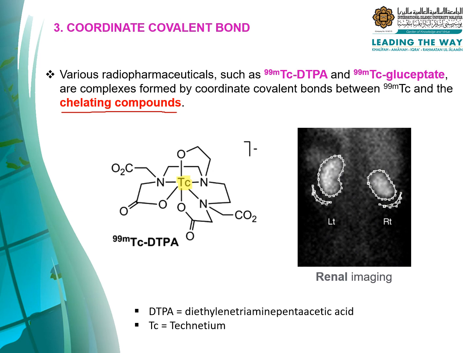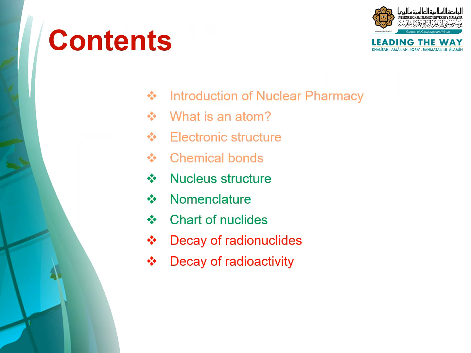So this is the structure of 99mTc-DTPA for renal imaging, and you can see here how it forms coordinate covalent bonds with the DTPA, or diethylenetriamine pentaacetic acid.